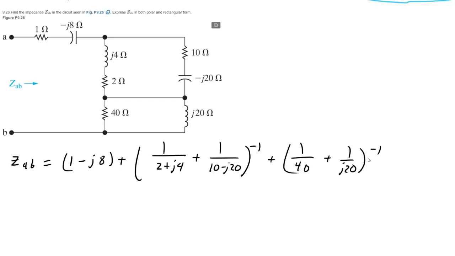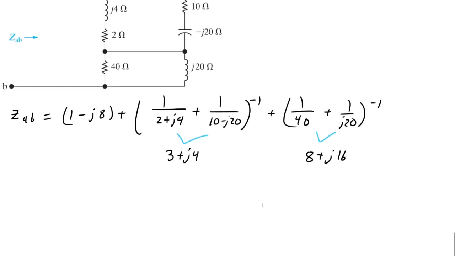And then that is all over math stuff. So this will simplify down to 3 plus j4. And this will simplify down to 8 plus j16.